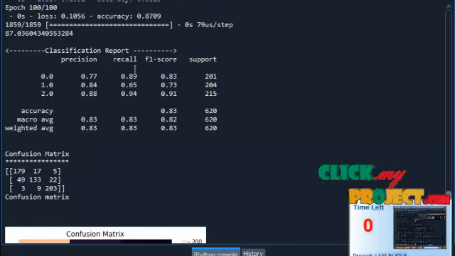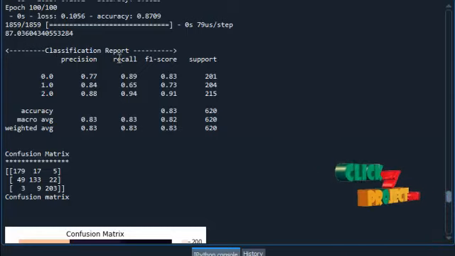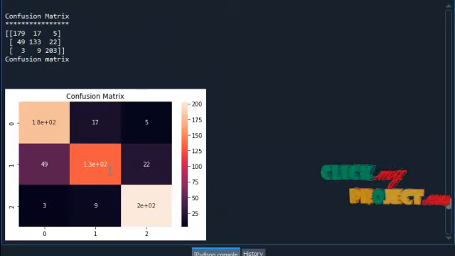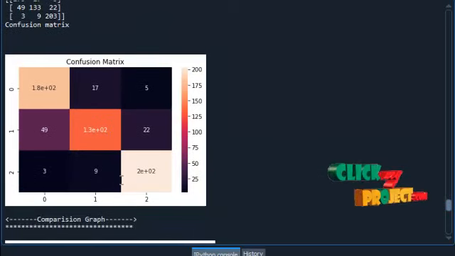Classification report: precision, recall, F1 score and support. Next, confusion matrix. Okay, a 3x3 confusion matrix. The reason is our label values are 0, 1, 2. So 3x3.